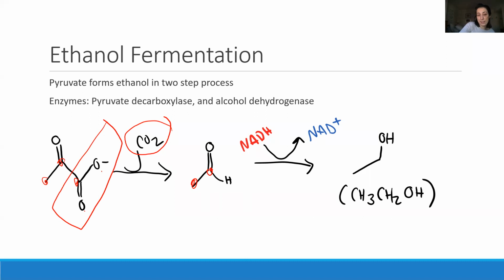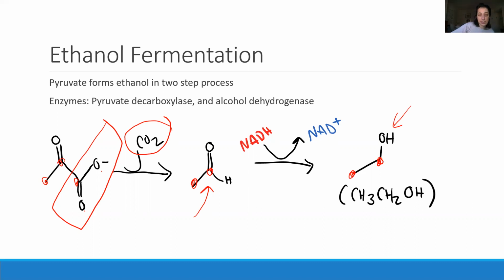And this is an aldehyde, remember? We then take this aldehyde and then do a final step to make ethanol. Ethanol, again, is a 2-carbon long molecule with an OH at the end, right? This is ethanol. The second step, alcohol dehydrogenase, is the most important step.